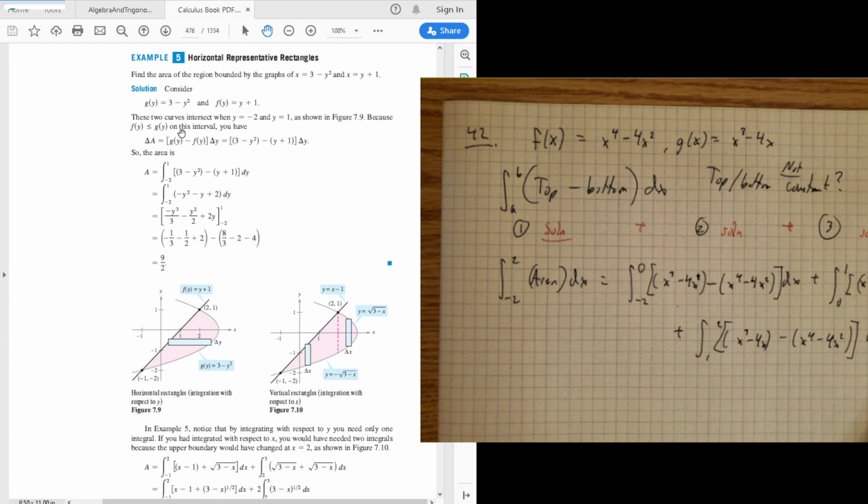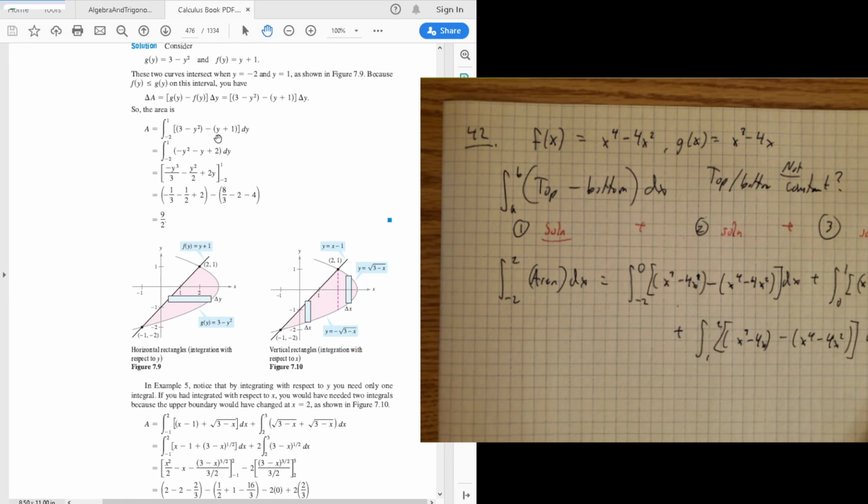So you notice that for this expression, they've used g of y and f of y. Notice that what that does is it just changes your integral to be in terms of y. And so notice the boundaries are also in terms of y. So the y value is -2. The y value is +1. So you can do an integral in terms of y just like you do anything else. But notice how it changes your representation of which one's on top and which one's on bottom.